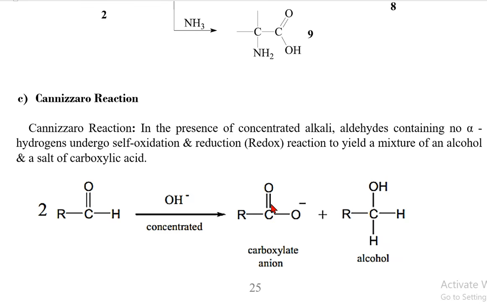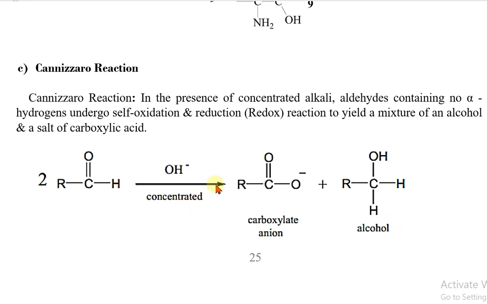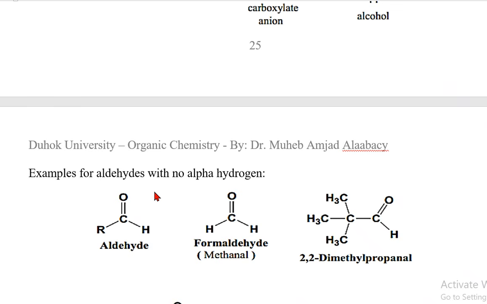So here we have a different situation, but you have to know it. If you use an aldehyde with no alpha proton, not a ketone, just the aldehyde, it will undergo self-oxidation reduction, we said redox, to yield alcohol and carboxylic acid.